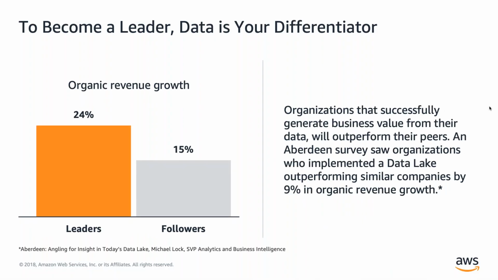Organizations that successfully generate business value from data will outperform their peers. In an Aberdeen survey, organizations who implemented a data lake outperformed similar companies by 9% in organic revenue growth.